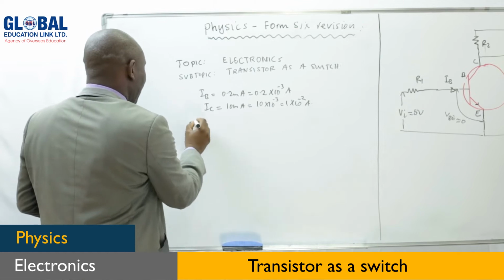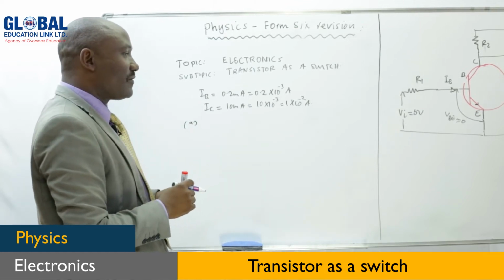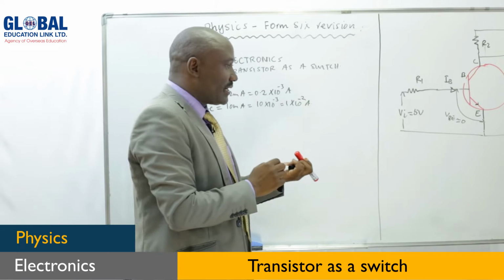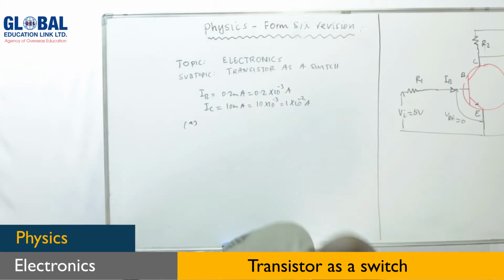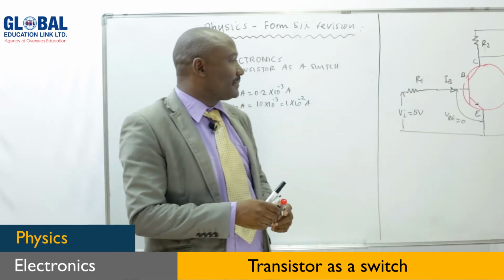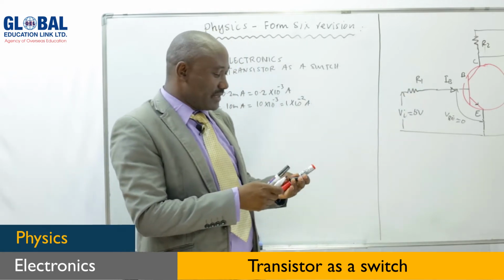For part A, we're looking for the values of R1 and R2. From this circuit, R1 is found in the input circuit, and R2 is found in the output circuit.